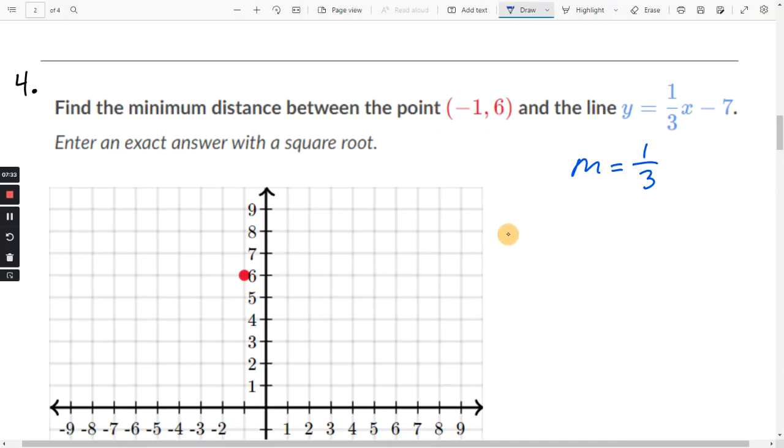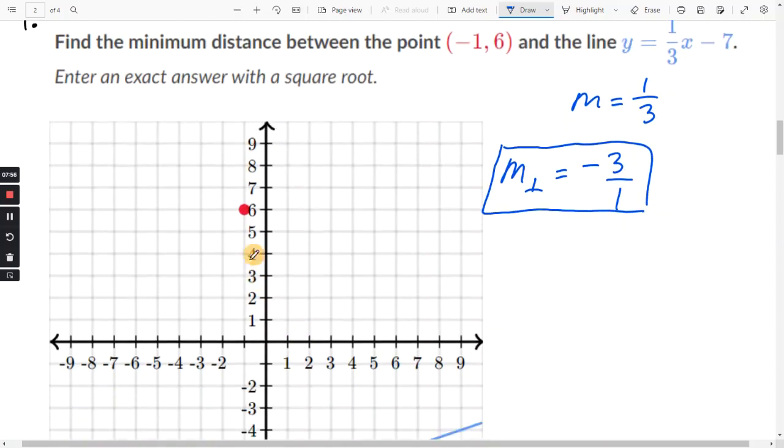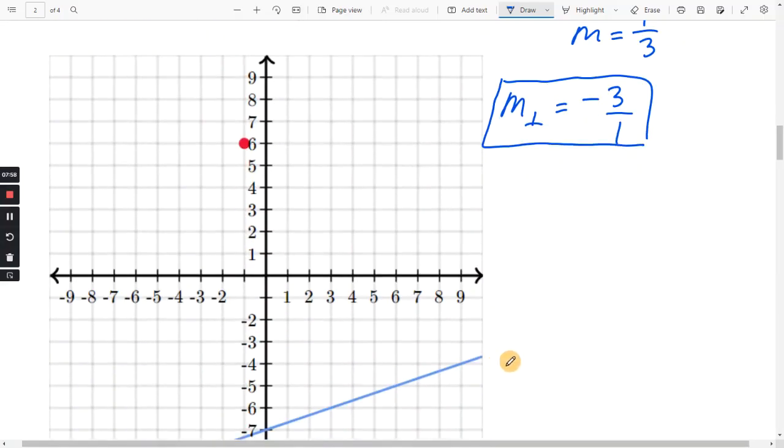Okay, but for the perpendicular slope, that upside down T means perpendicular. You want to flip it and change the plus minus sign. So flip it, and it's going to be 3/1. This one's positive, so I'll make this one negative. So this right here is going to be the slope of the segment that connects the point to the line.